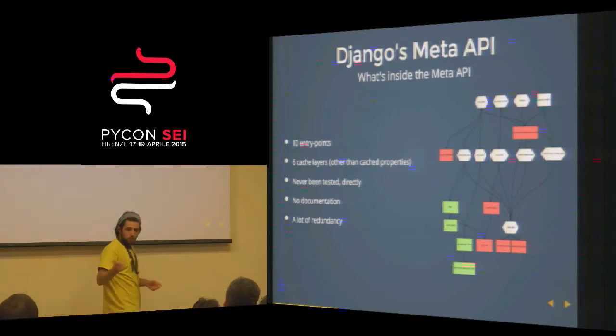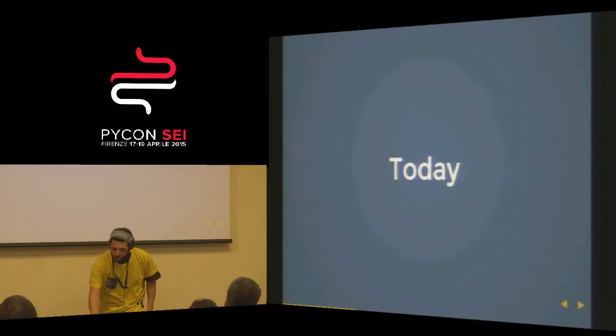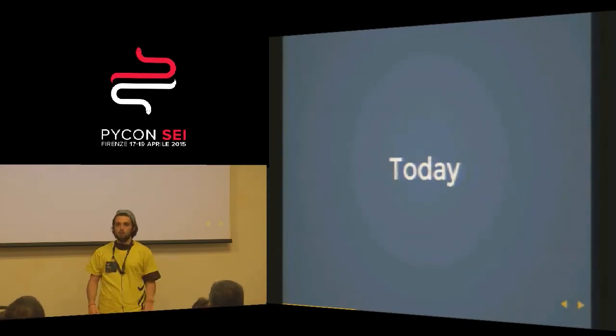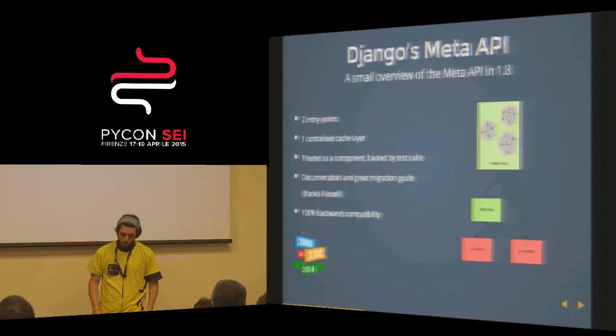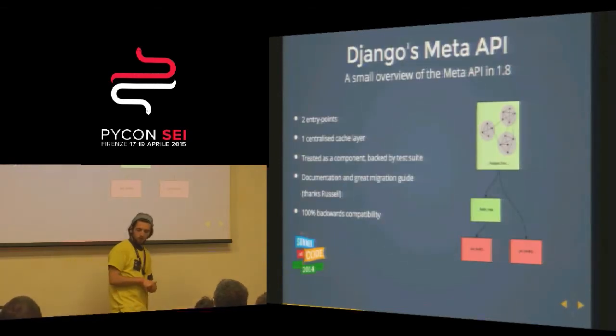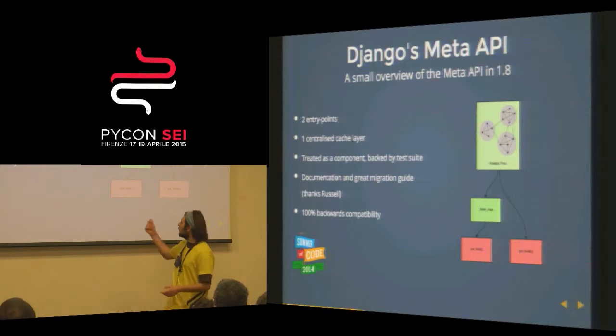If you download Django 1.8, you will have it, and it is finally treated as a component of itself. It has its own test suite, and it has a lot more documentation. Well, it has documentation. So this is just a high-level overview of what the Meta API looks like now. Let's say the result of my Google Summer of Code.